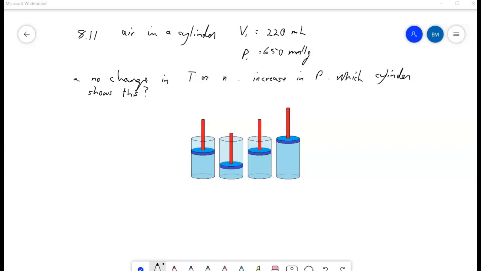And what you see in front of you is a depiction of several problems that show up in the course of chapter 8. Some of them are piston cylinders like these, or in other cases, balloons of different sizes.